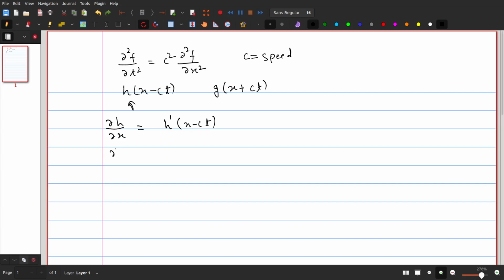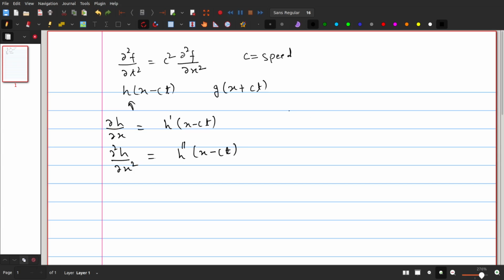Now if we evaluate its second partial derivative with respect to x, again it will be equal to the double derivative of h evaluated at x − ct, and then the partial derivative of x − ct with respect to x, which is again 1.